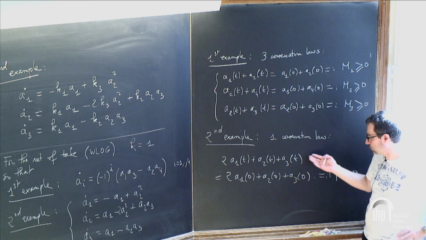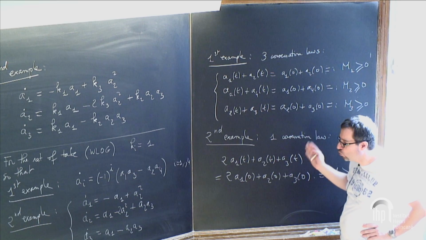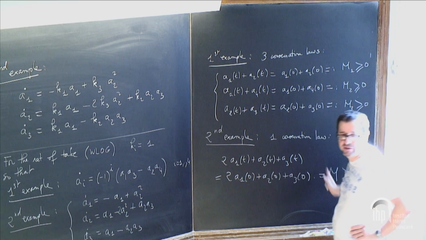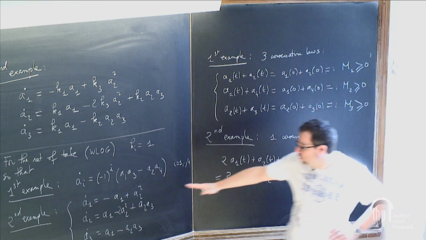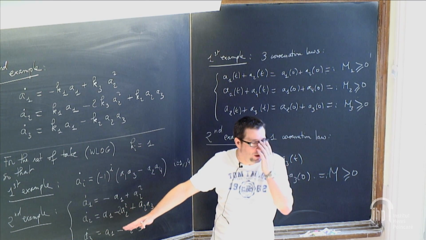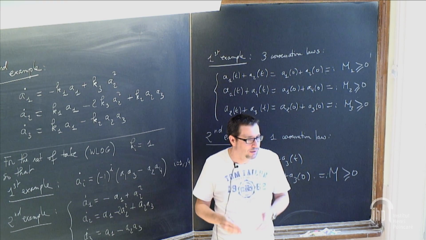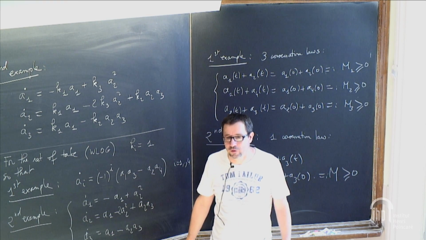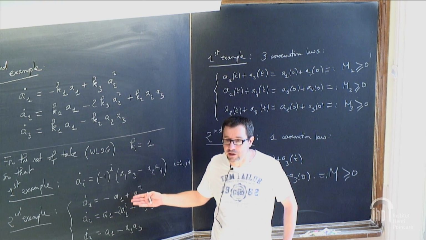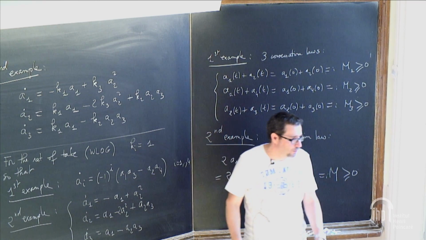And as you can see, you can replace, let's say, A2 or A3 by the value which is taken out from here. And you will end up with a system of 2 ODEs, which in some sense is the last size in which it's very easy to do the large time behavior study by using a phase space diagram.